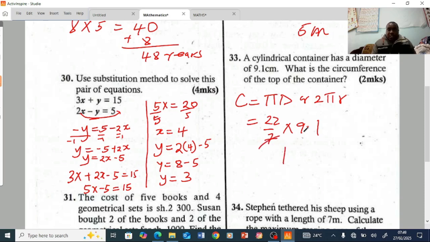So here goes 1.3. 1.3 times 22 times... 28.6 centimeters, that is the circumference.